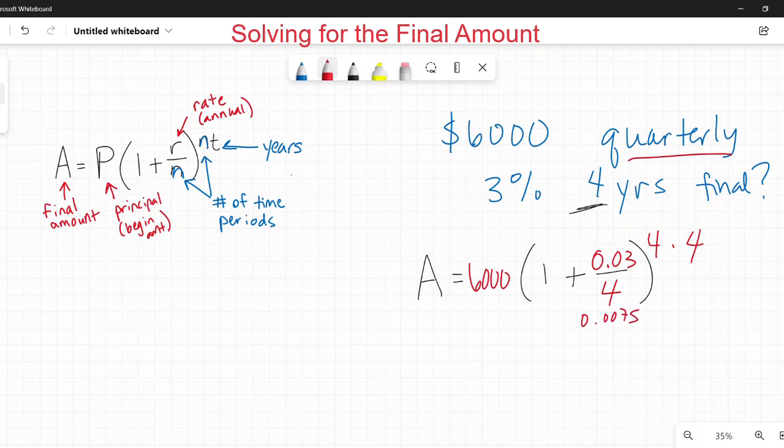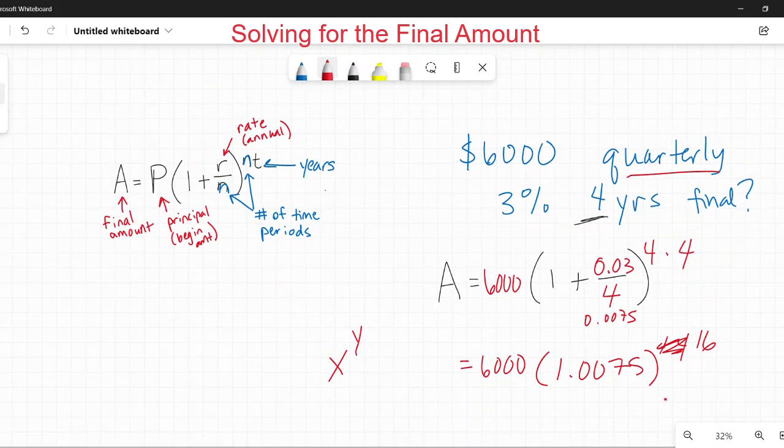So inside this parentheses is 1.0075. Then 4 times 4 is 16. So use the x to the power of y button on your calculator to say, what is 1.0075 to the power of 16?